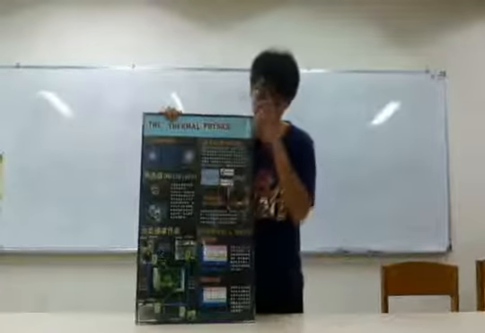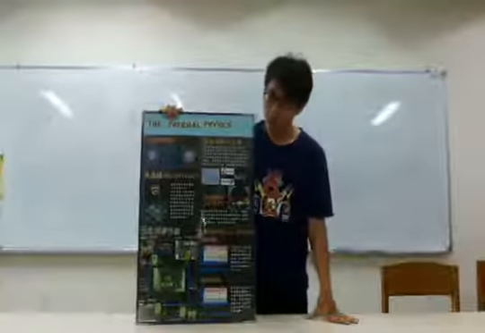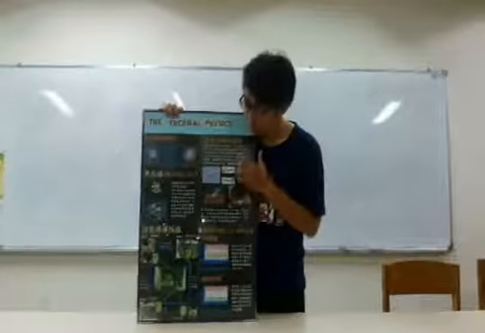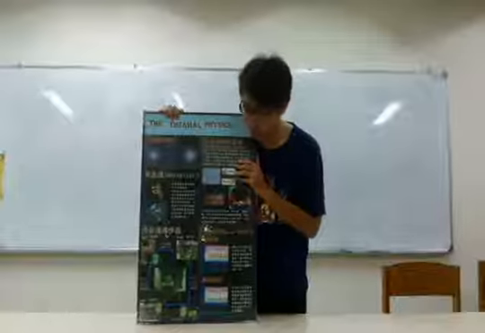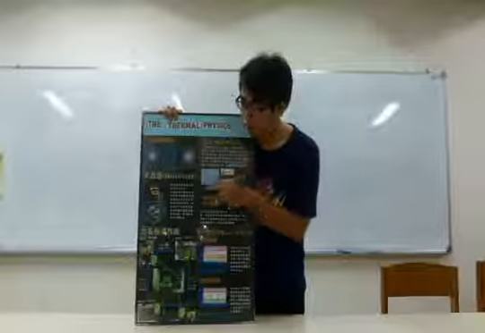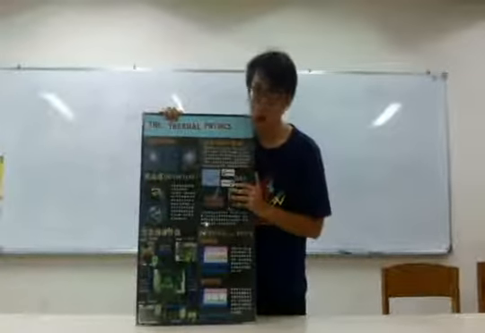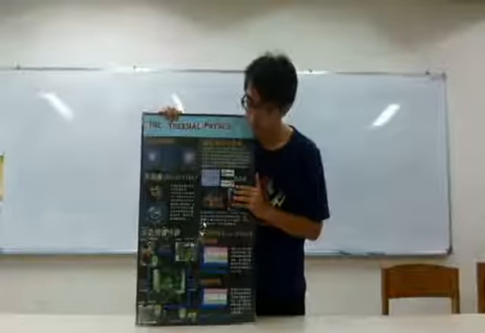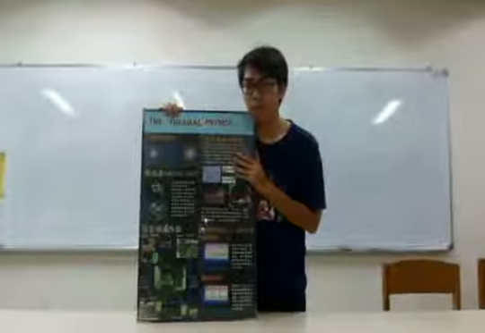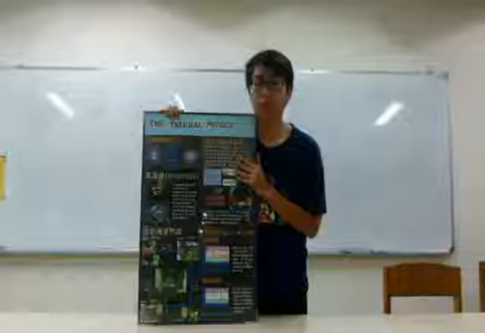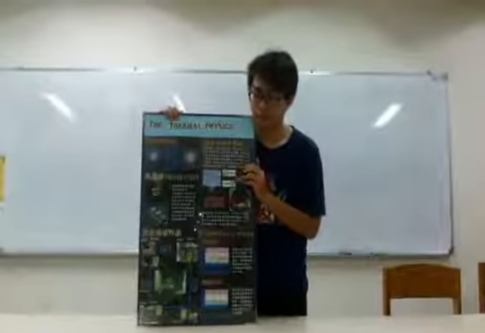And now I will introduce how it works. First, when heating, the filament is made of tungsten. The tungsten will make the filament glow, and then it will combine with the halogen gas.